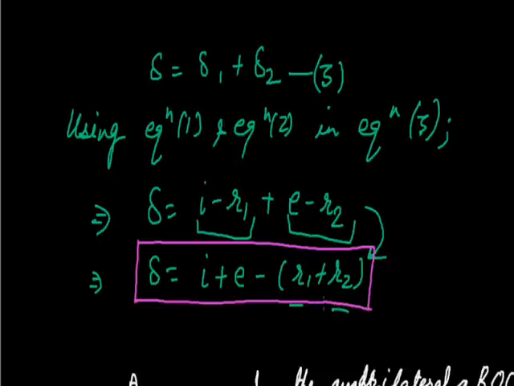If we put the R1 plus R2 value, which is equivalent to the angle of prism, we can use this value in this equation and get the result.